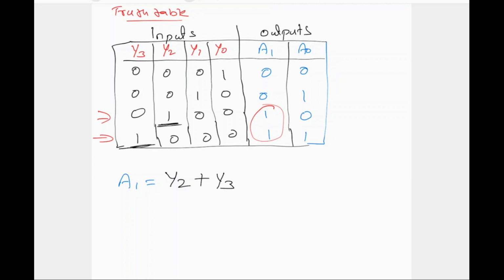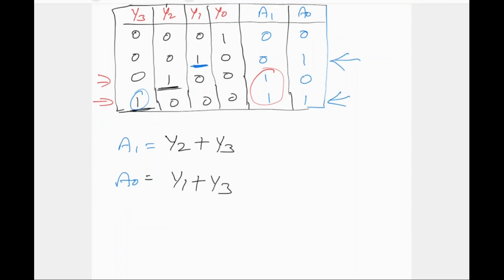And we want to find the equation for A0. You can see A0 is high in this case and in this case. That means when y1 is high or y3 is high. So that is y1 plus y3. So this is the equation for A1 and A0.